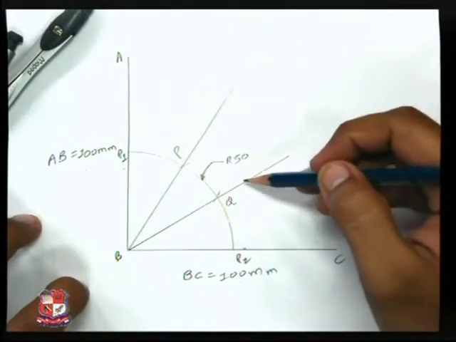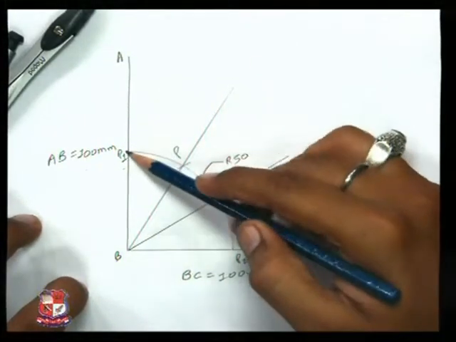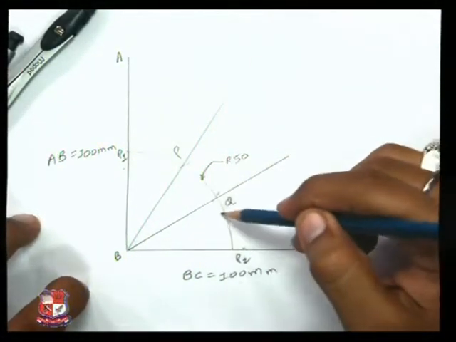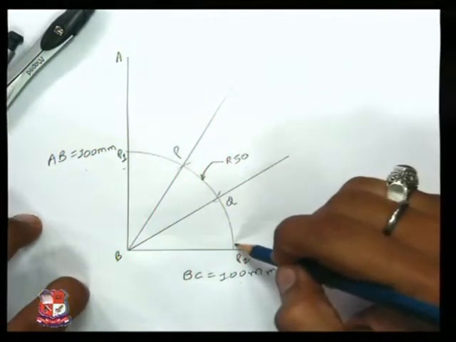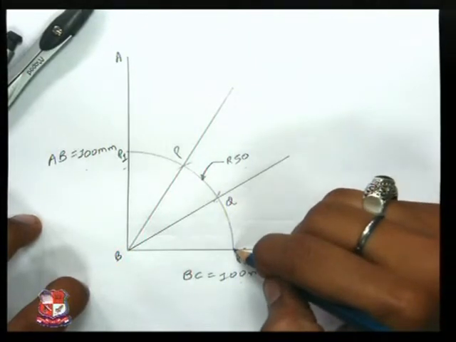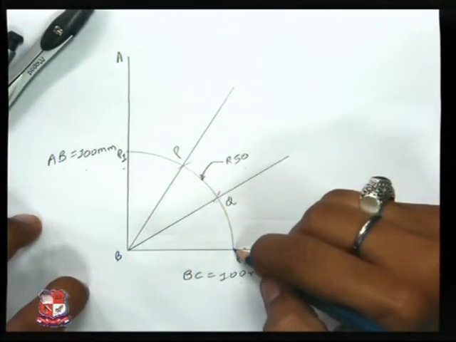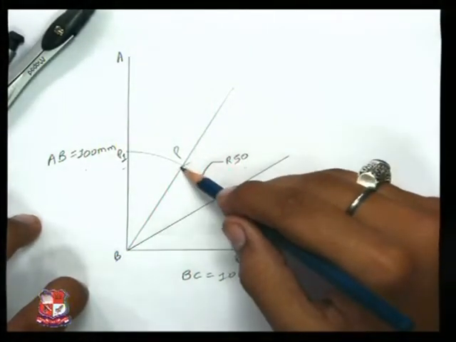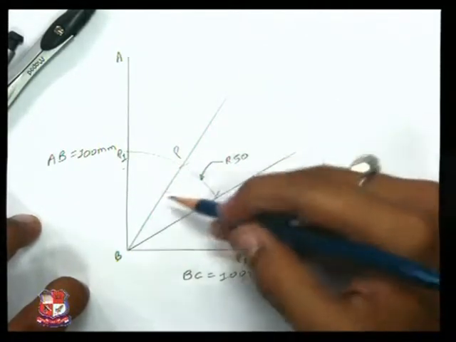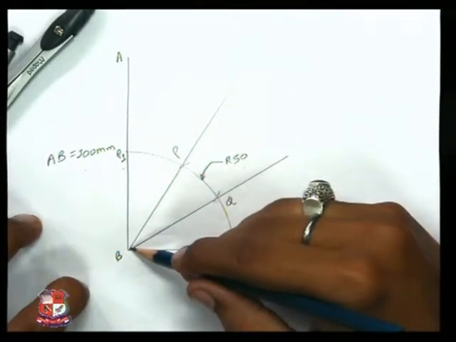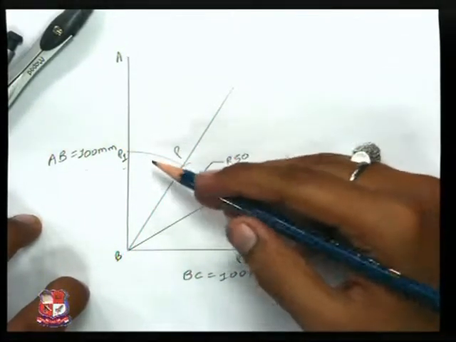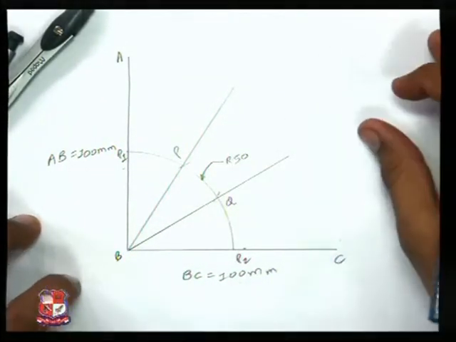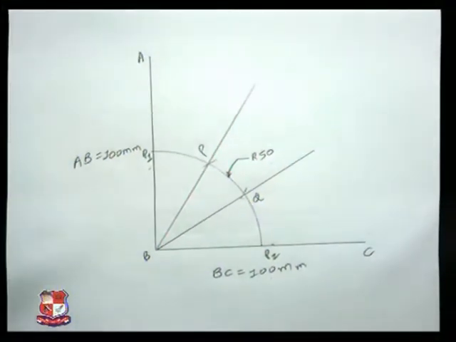Taking the radius 50 mm only, but center P1, mark an arc. Taking P2 as center, radius 50 mm only, mark an arc on the bigger arc. Join both arcs with the point B and you will get your trisected right angle. So this is how you can trisect a right angle. We will see the next problem.